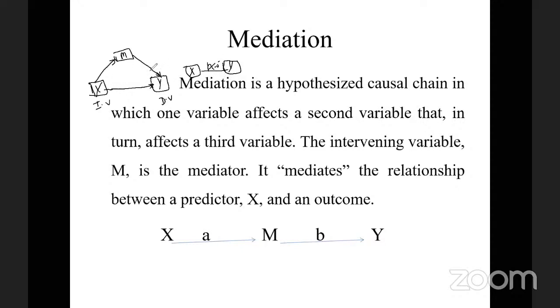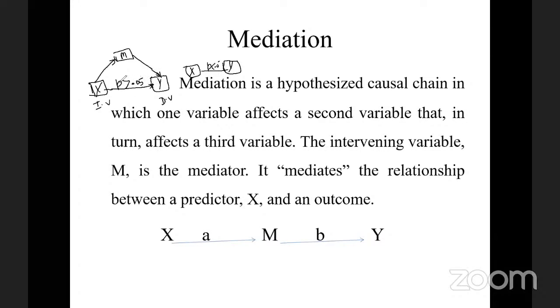But when we include the mediation in our study, the relationship between the two variables becomes insignificant. Insignificant means a p value greater than 0.05.